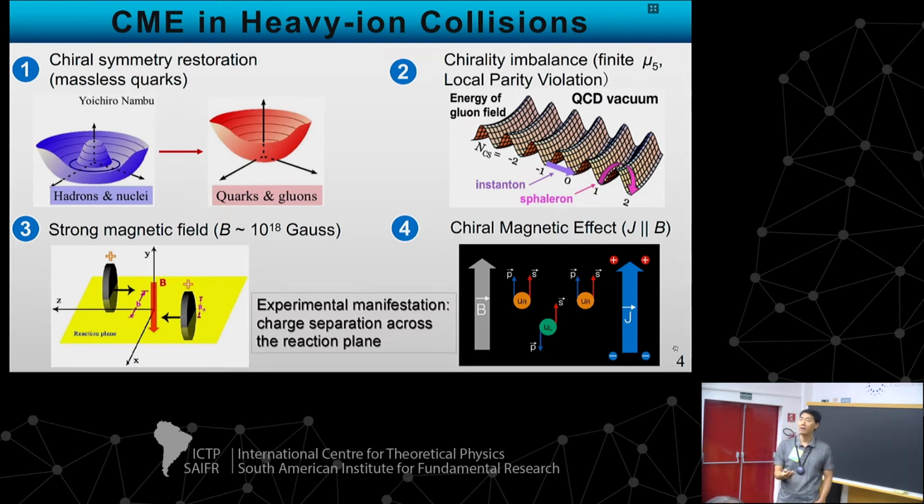That has very different significance than the semi-metal experiment. In the experiment, we are looking for charge separation across the reaction plane. The reaction plane, on average, is perpendicular to the magnetic field. So that's observable.